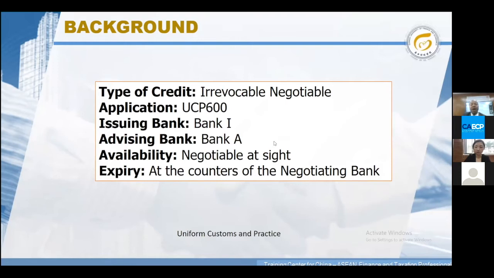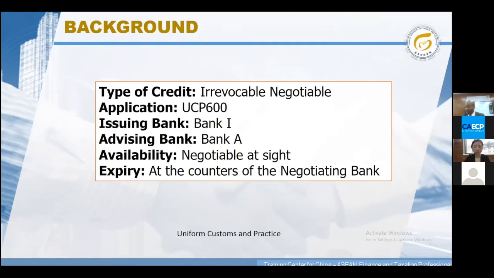Now, the background of the case: the type of credit being dealt with here is an irrevocable letter of credit. Irrevocable, negotiable, means you cannot change it, you cannot alter it, you cannot amend it.